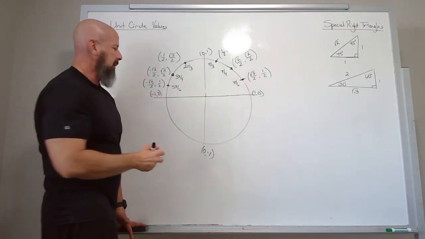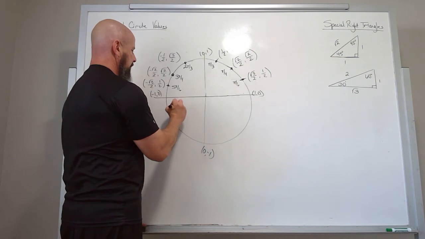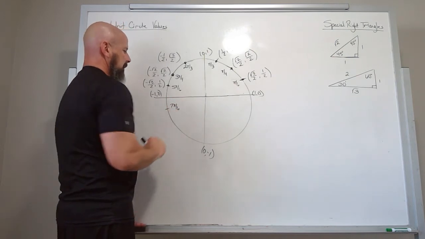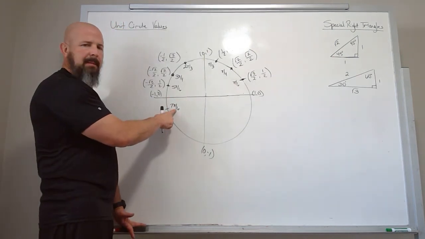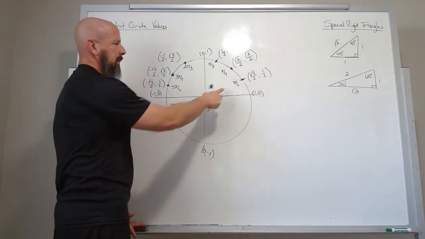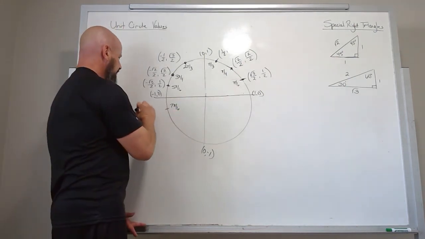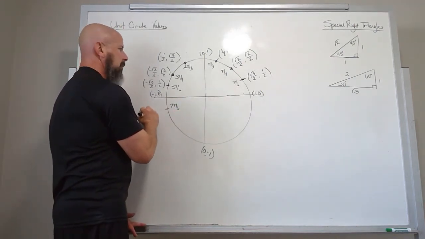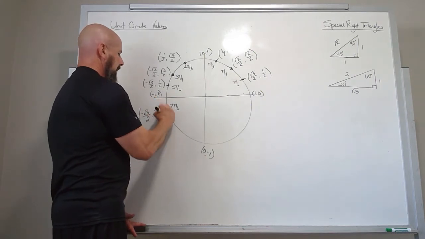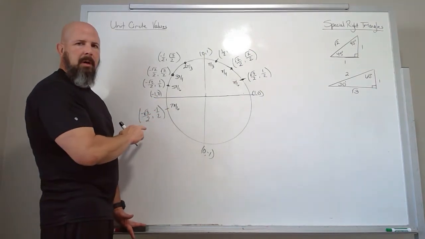So that means when I go into the third quadrant, say 7 pi 6, there's that pi 6 reference, or special angle again, but this time they're both going to be negative. Both negative because I'm in the third quadrant.